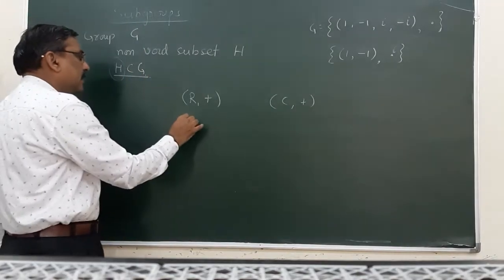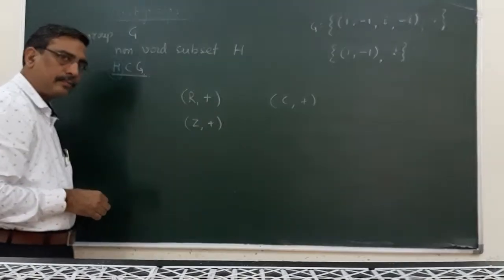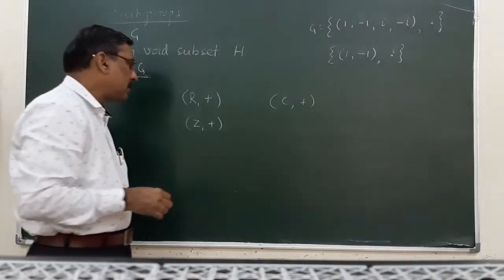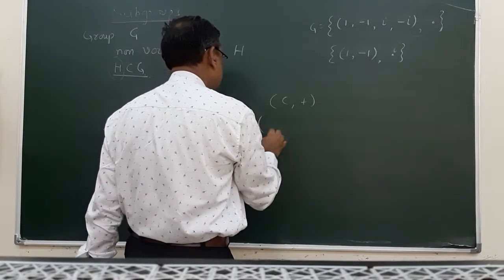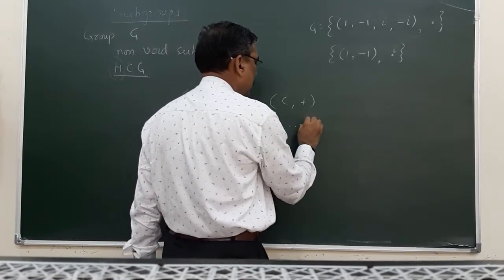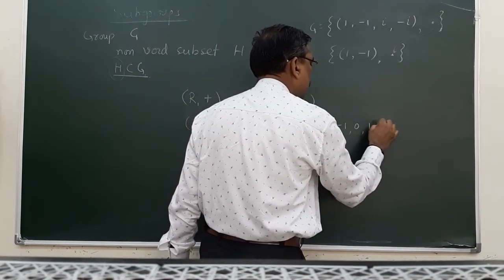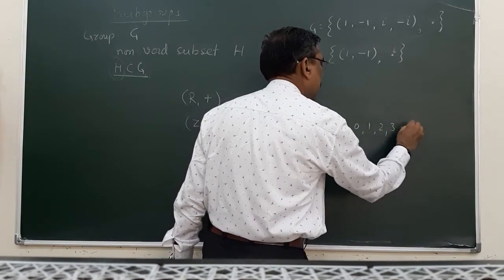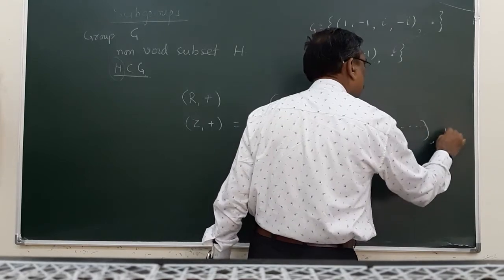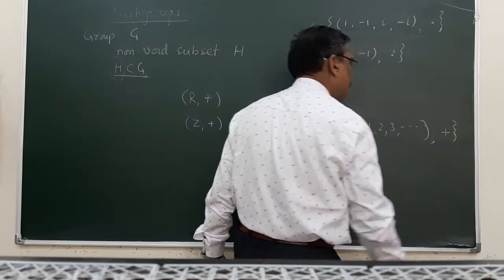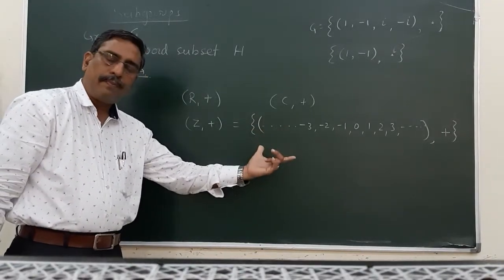Another example: say Z plus is a group. What is Z plus? It is the set of minus 3, minus 2, minus 1, 0, 1, 2, 3, and so on, along with the binary operation of addition. This is a group.